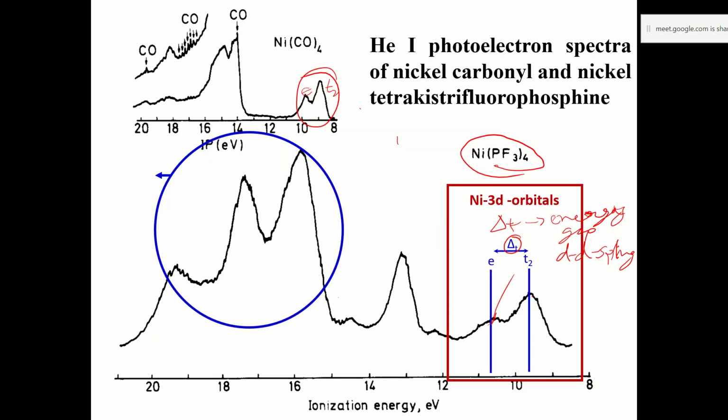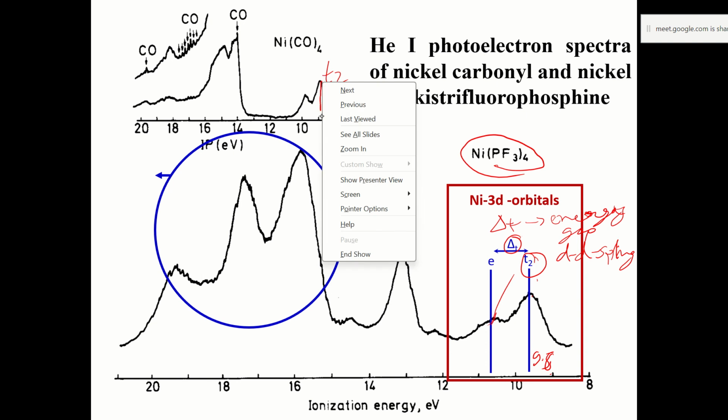So what you see here, this is the T2, this is T2. ठीक है. So with PF3 it is 9 point something, very close to 9.5, 9.6, something like this.